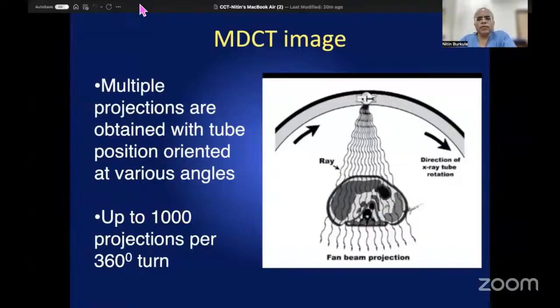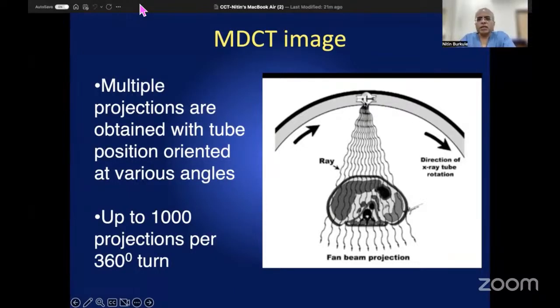So this is how the X-ray tube will fire the X-ray cone beam. It will go through the body, and this is where we have the detectors. So this is called a projection. That means the position of the X-ray tube on the perimeter of the gantry is called a projection. You can have 1,000 such projections along the 360 degrees of the gantry.